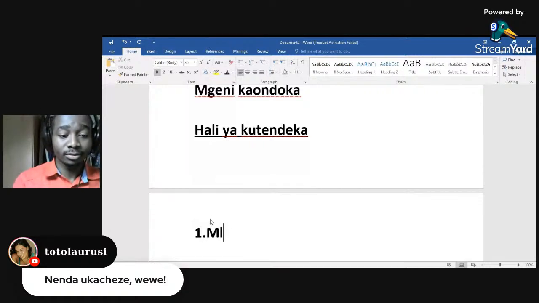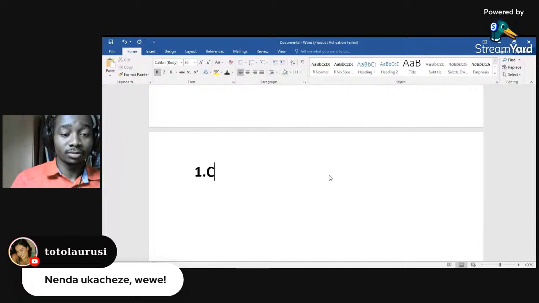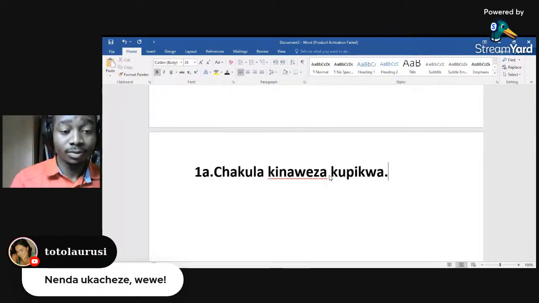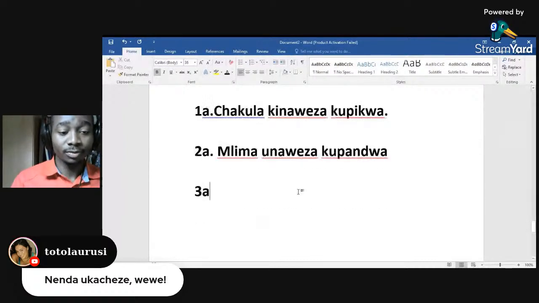Chakula kinaweza kupikwa. Mlima unaweza kupandwa. Maneno yanaweza kusomwa.